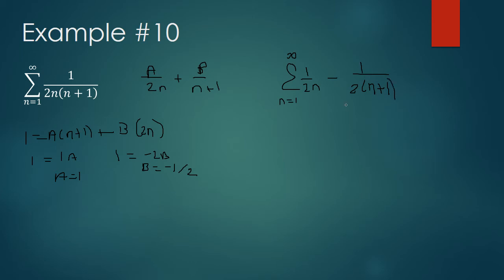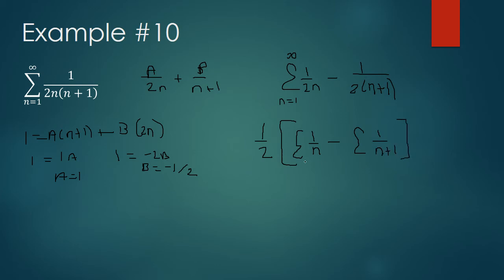Okay, so now we need to go ahead and figure out what our S sub n is. Okay, so let's see. I'm going to pull this 1/2 out. So I'm going to have 1/2, and then I'll have the sum of 1 over n minus the sum of 1 over n plus 1.